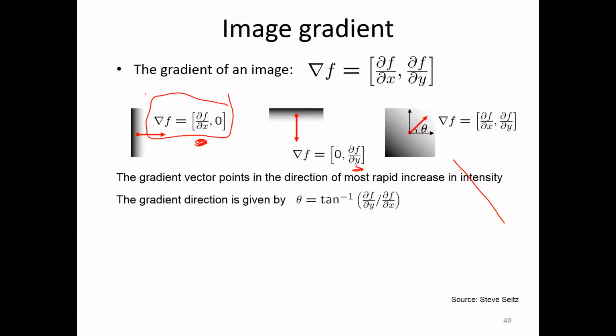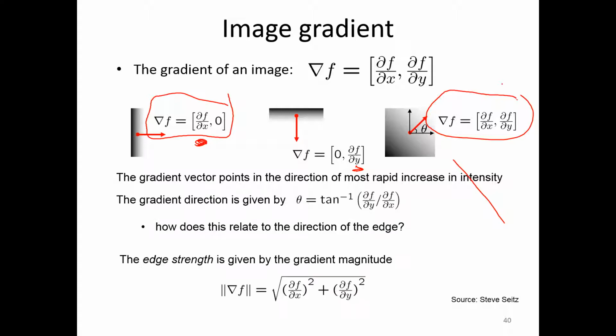If you combine these together, you have the gradient. With the gradient, you can get the magnitude, or the strength of the edge, as just the magnitude of the gradient, right? So the edge strength is the magnitude of the gradient. At the same time, the direction will be the direction of your gradient, right?